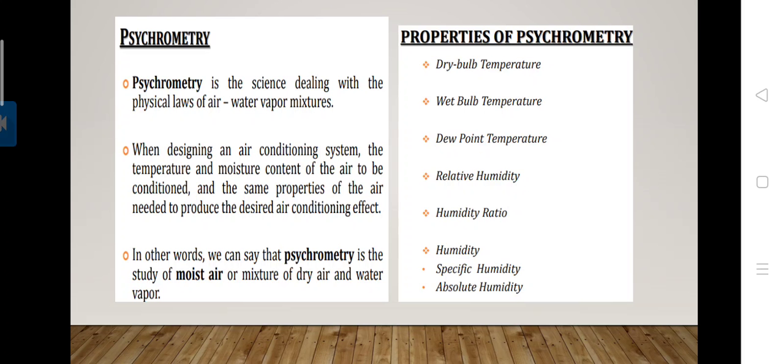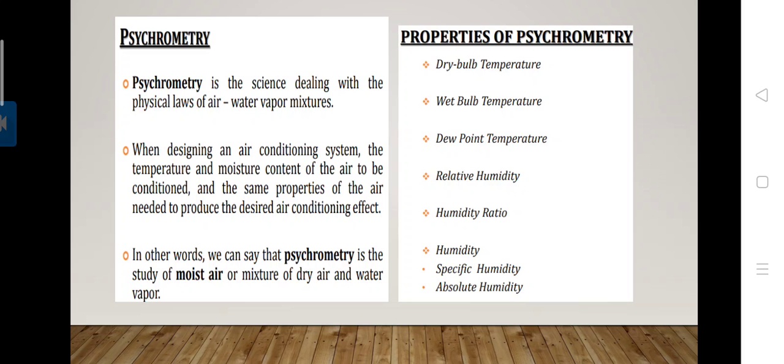Dry air is the mixture of nitrogen and oxygen, neglecting the water vapor and other gases. The volumetric composition of the dry air is 77% of nitrogen and 23% of oxygen. Dry air does not contain any moisture; that is called dry air.